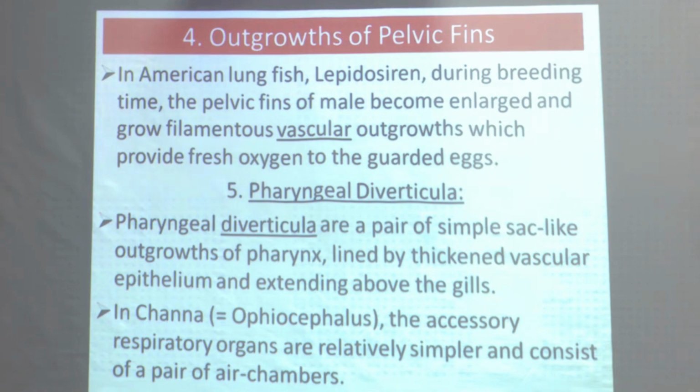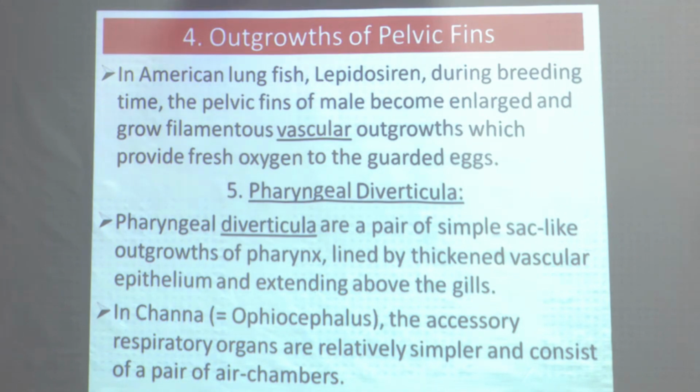So this is the mouth, and this is the pharyngeal region, and the pharyngeal region possesses the gills, and gills are covered by the operculum. So from the pharyngeal region, diverticula, some extensions, come out. So each pharyngeal diverticulum is a simple sac-like outgrowth of the pharynx lined by thickened vascular epithelium and extending above the gills.